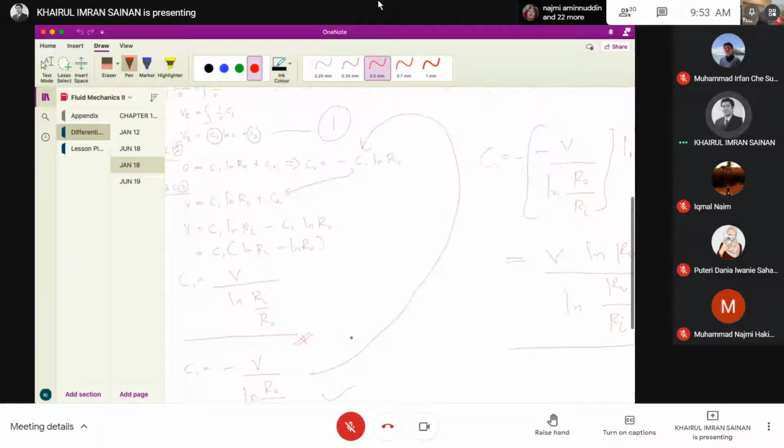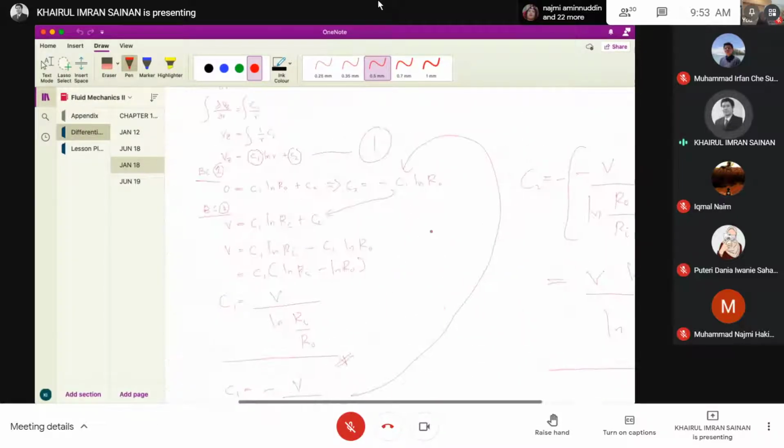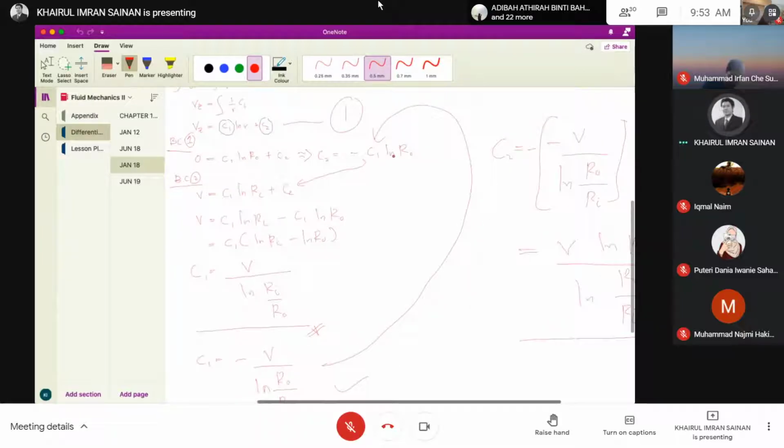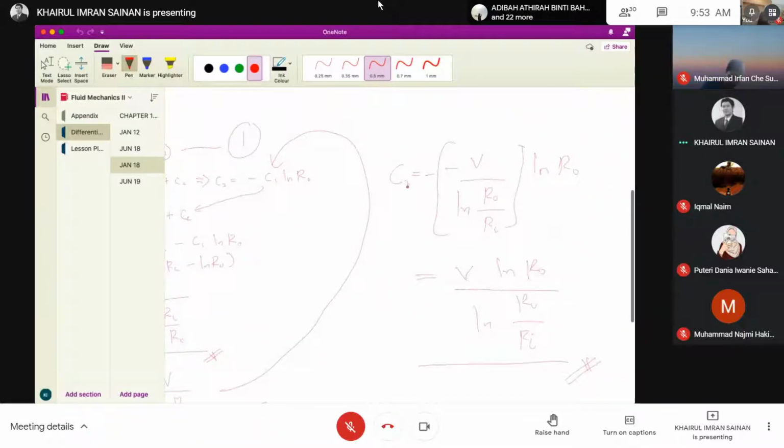So what I do is I put it back into this equation. Why? Because now I want to find C2. Okay. So C1, put it here, and you will determine this one. C2 negative, C1 also negative just now.